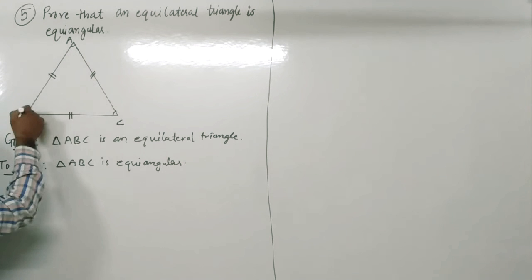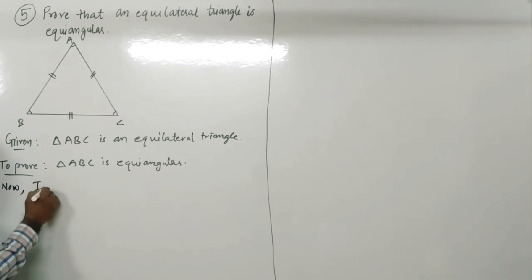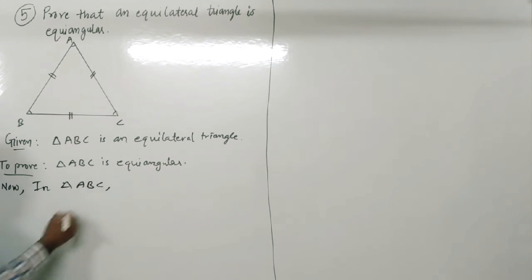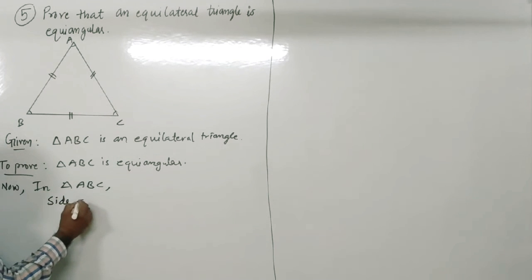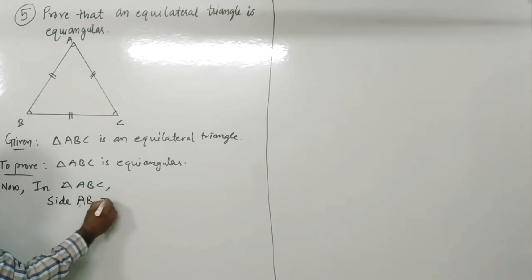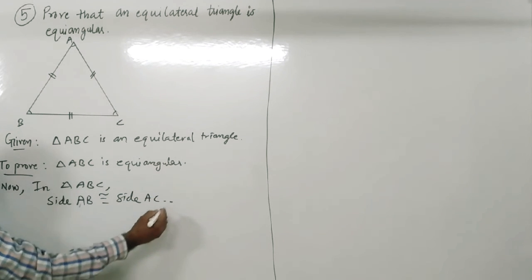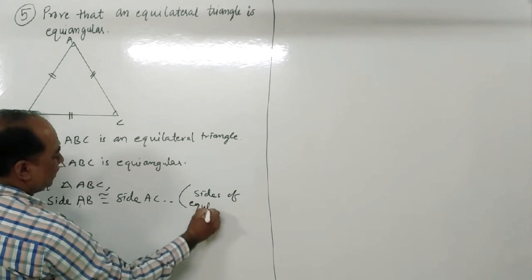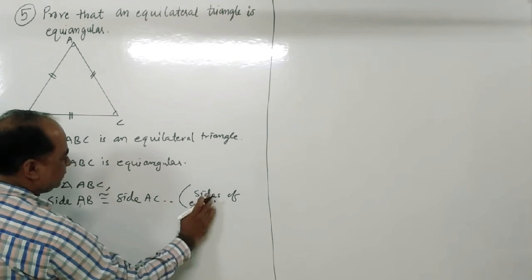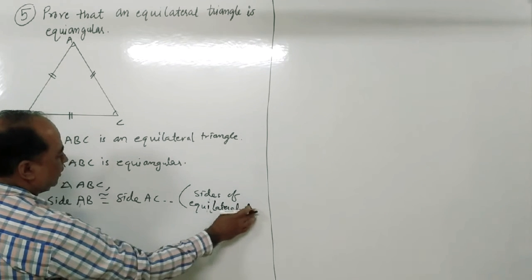We have to prove that angle A is equal to angle B is equal to angle C. Now in triangle ABC, side AB is congruent to side AC, since sides of an equilateral triangle are equal.